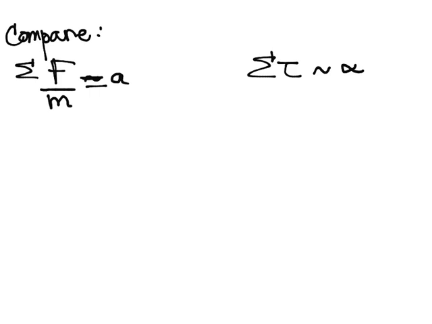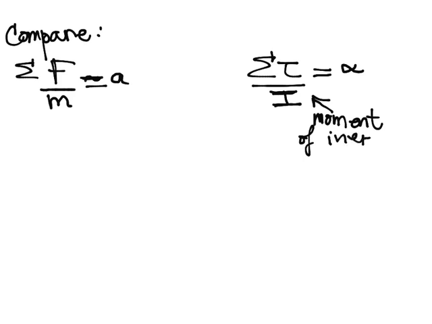There's an angular equivalent to mass, which is not quite the same thing, but the angular acceleration doesn't just depend on how much torque you apply to an object, it also depends on this thing called the object's moment of inertia. I'm going to give you an example just to show you what moment of inertia means.